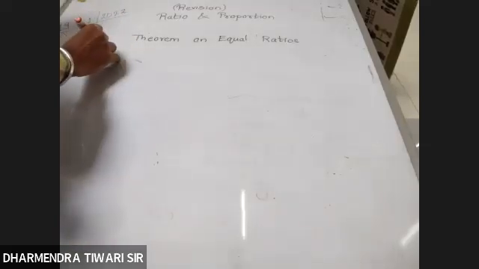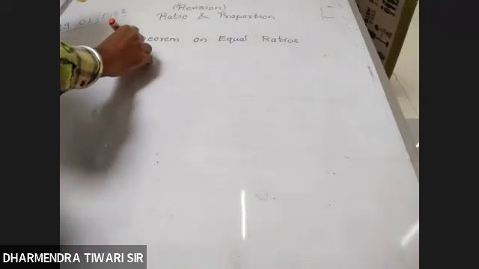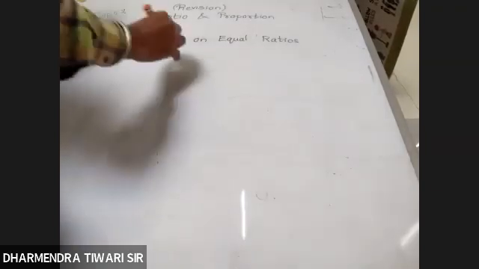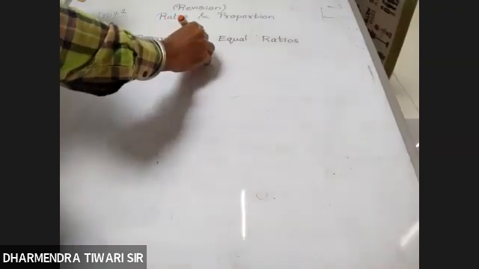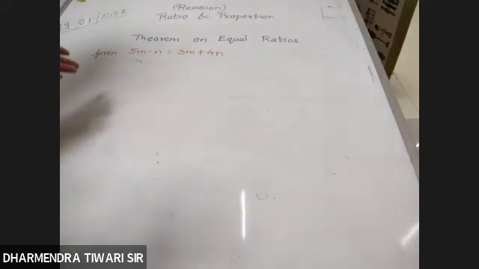The given is 5m minus n is equal to 3m plus 4n. This is the given part. After this, they are asking us to find the value of. I have derived the first one, and I've asked you to solve the second one. So let's do the second one as well.